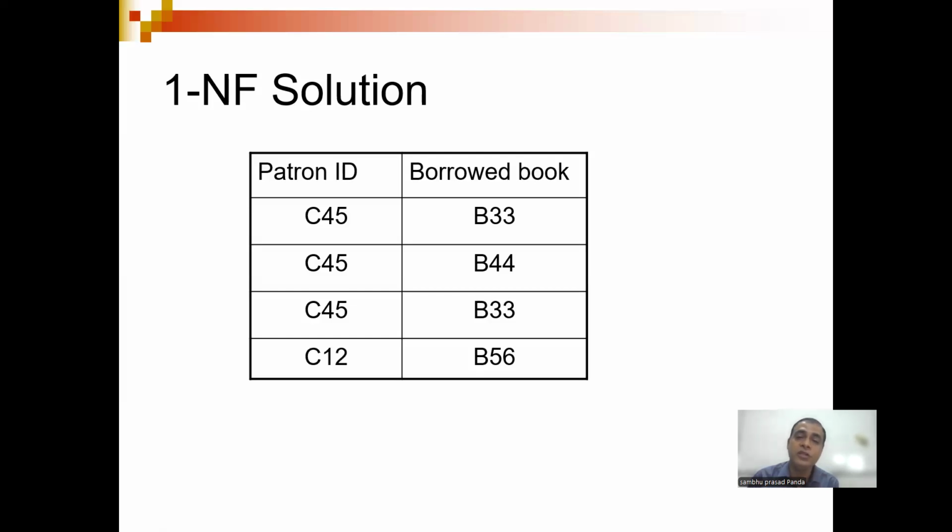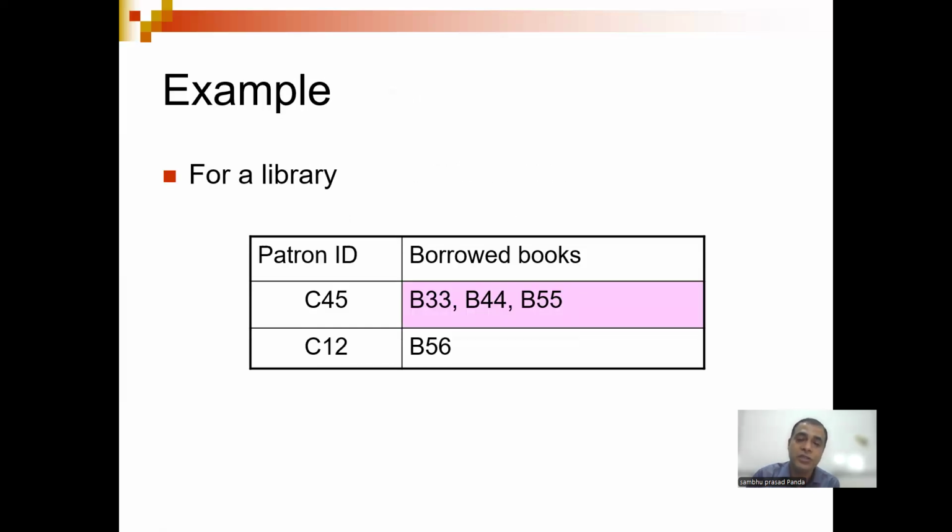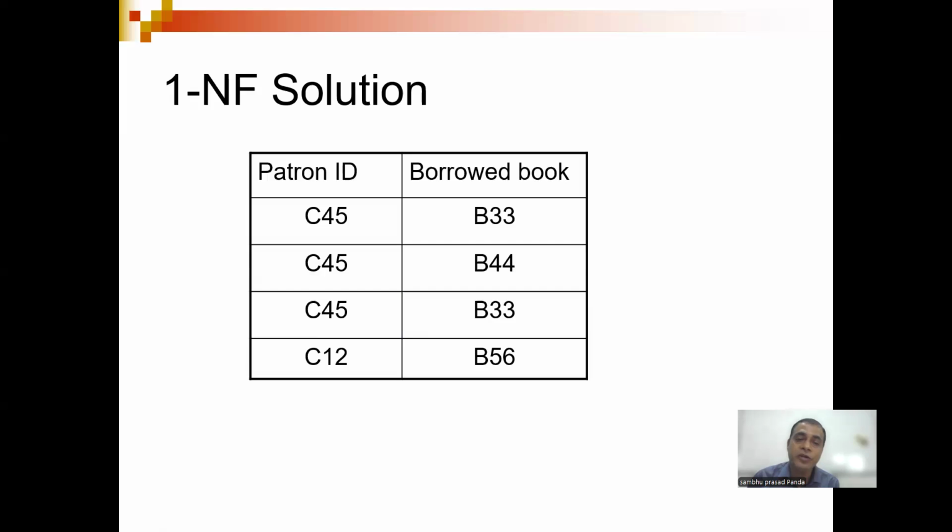Here each cell contains a single value, that's why it is in first normal form. The previous one was in unnormalized form. Now it becomes first normal form because each cell contains a single value. Previously it was multiple values.